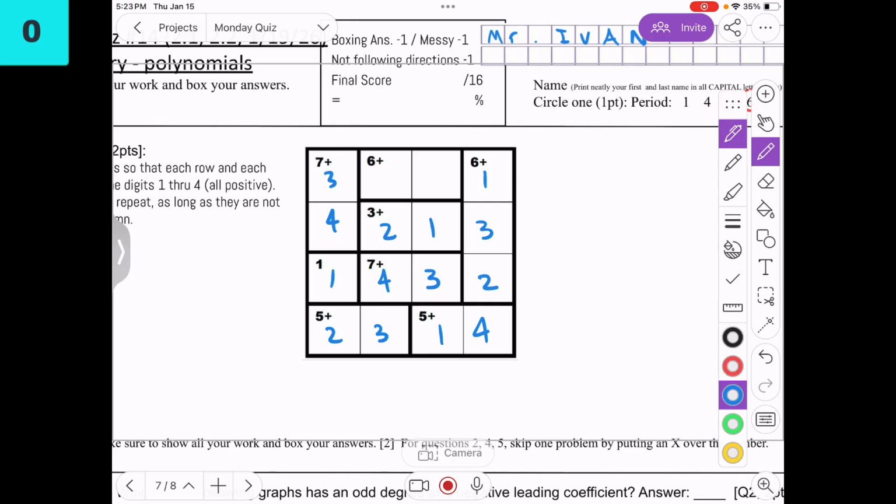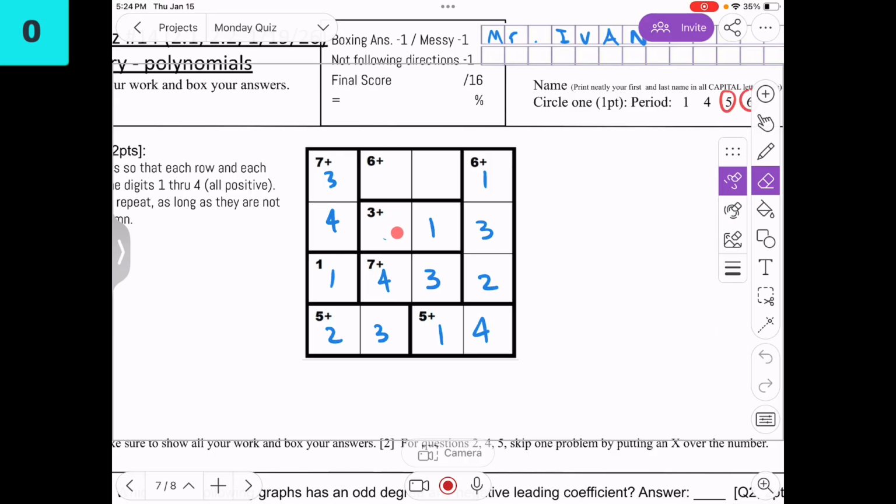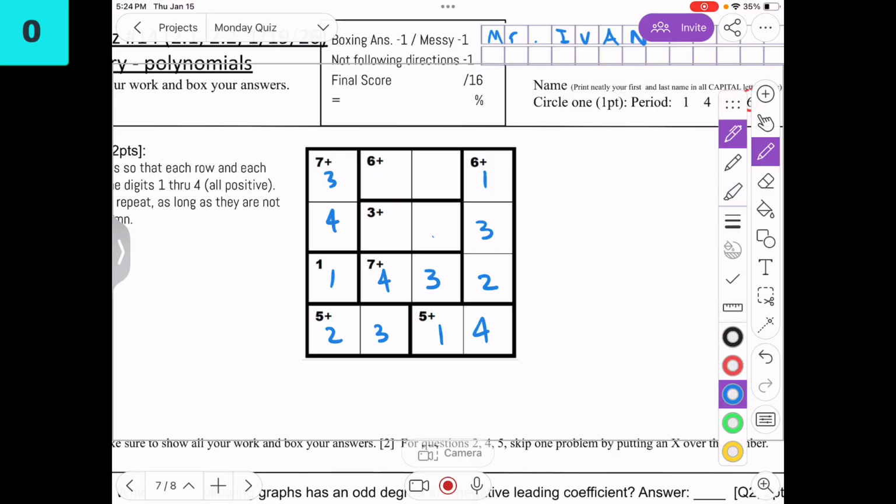And then lastly, this has to be a 4 and 2. So I can't have 4 and 2 here, so I have to improvise. Maybe I can erase this 2 and 1, and write down 1 and 2, and therefore I can probably put 2 and 4.